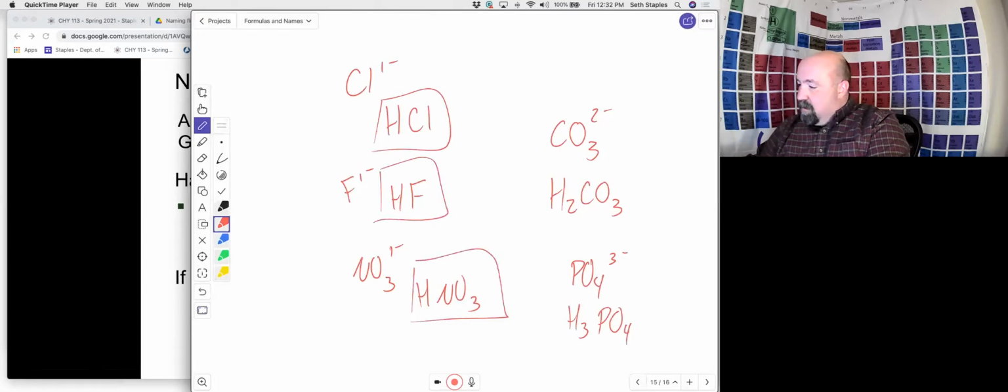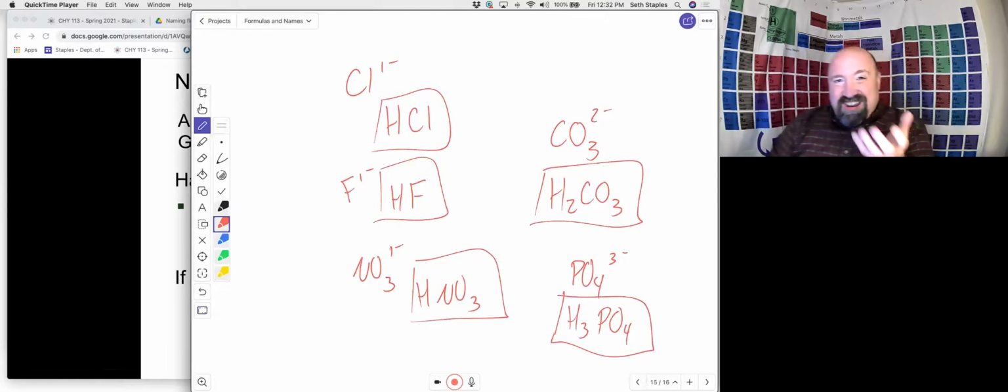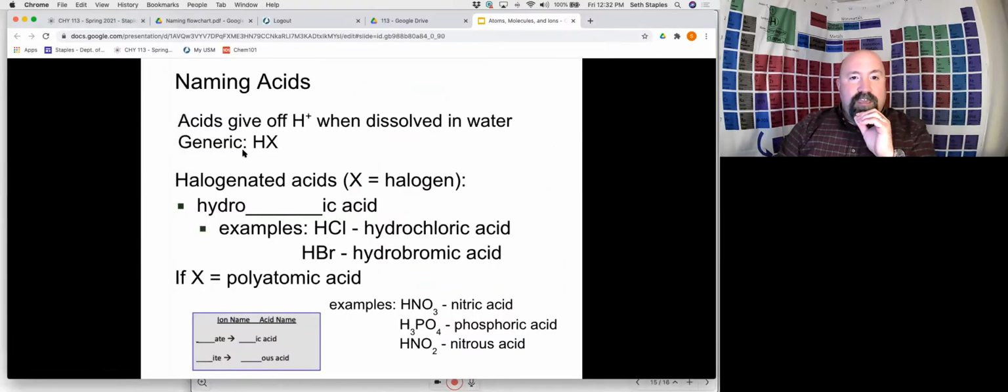And so our big clue for acids for now is going to be if you have a hydrogen in front, it's probably an acid. So we have to look at how to name these. If we're looking at sort of the generic acid, a hydrogen in front with something for a negatively charged ion, we're just going to call that HX, where the X could be anything for an ion.